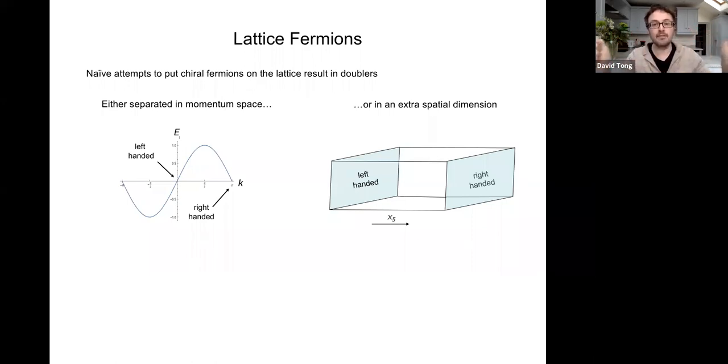You put a massive fermion in 5 dimensions, and what you find when you solve the Dirac equation is that you get 2 massless modes. You get a left-handed massless fermion on one edge and a right-handed massless fermion on the other edge. Again, there's a doubling in the number of fermions, but now they're separated in an extra spatial dimension, as opposed to being separated in momentum space in the original setup.